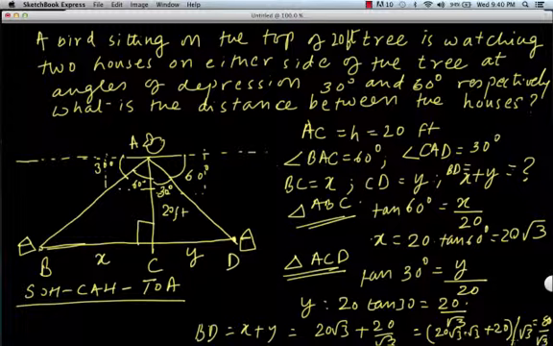So the solution for this problem is the distance between the two houses is 80 by root 3 feet.